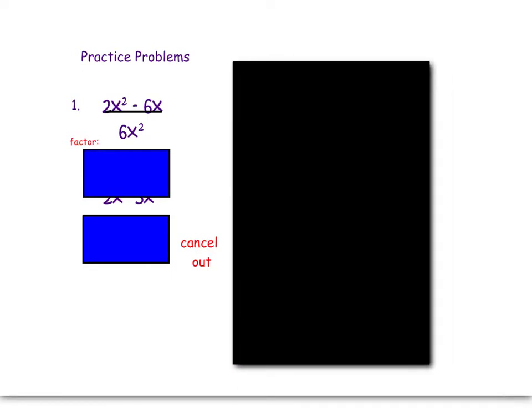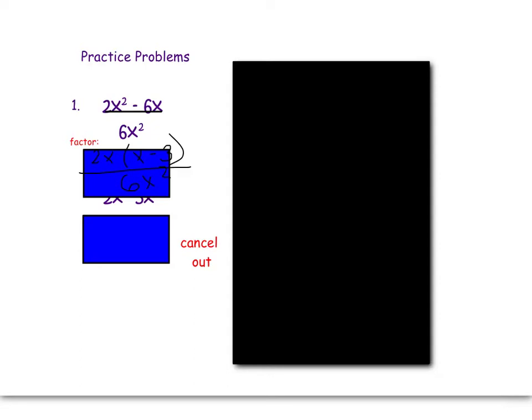2x minus 6x, all divided by 6x squared. So first step is to factor. So I'm going to factor out anything that I can from my top part. And if I notice, there is a common factor of 2x. That leaves me with a factor of x minus 3. And that is over 6x squared.